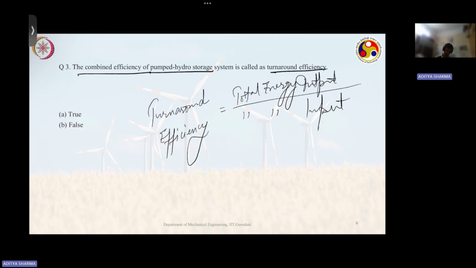So the difference between input and output basically is losses. So this seems to be a true statement.